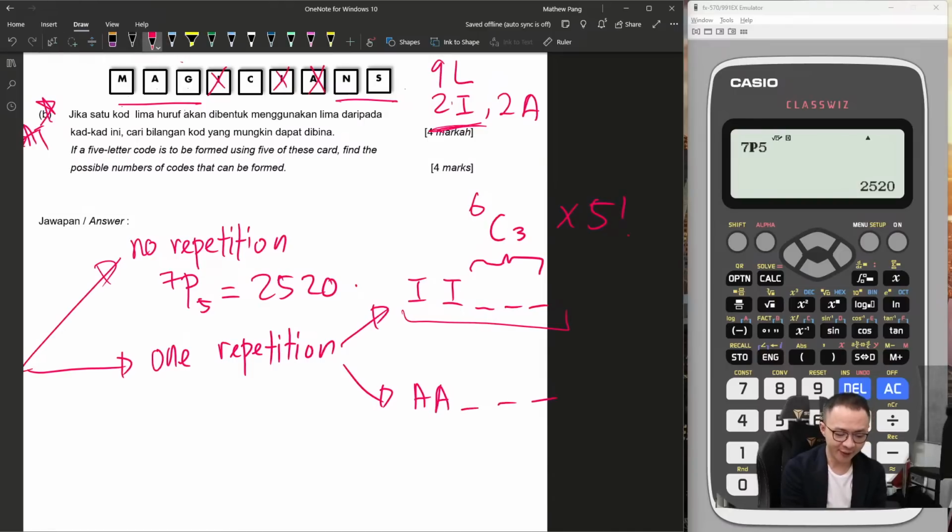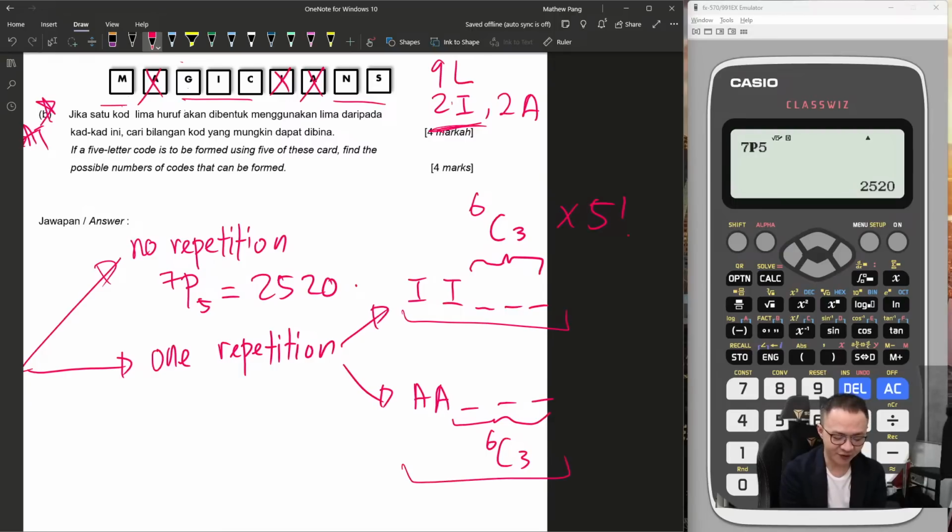From here, I will do the same thing. I already have 2A here, then I will take out 1I. That means inside here I can still have 1I, but we will not have so many I here. So I still have 6 letters, and to fill in these 3 places, it's 6C3.